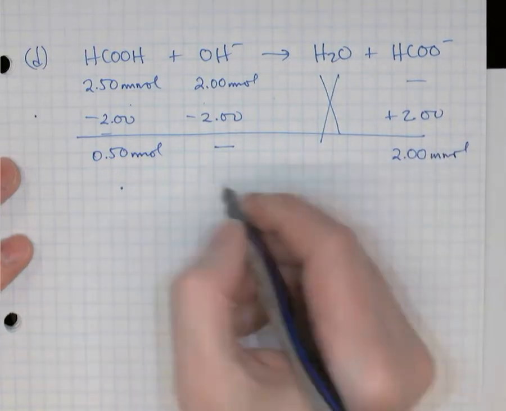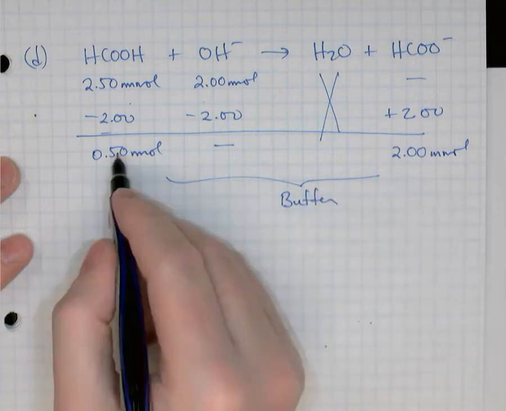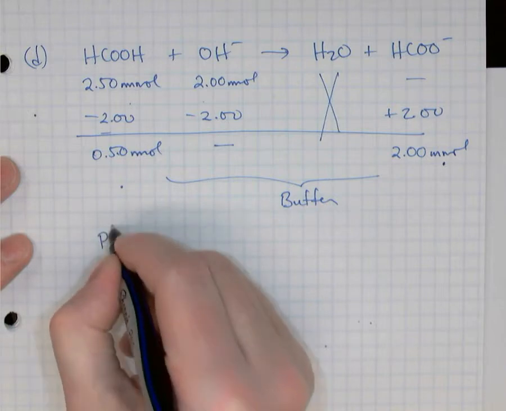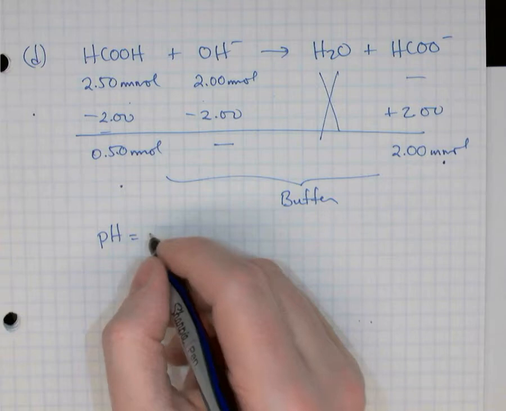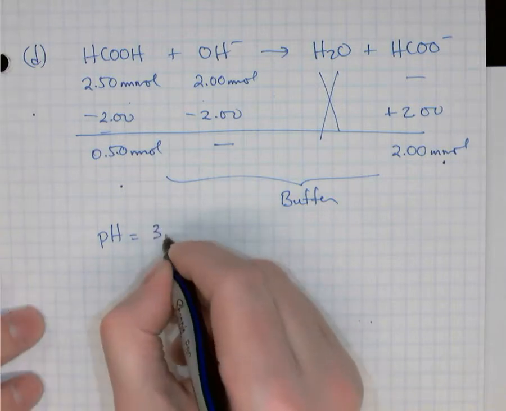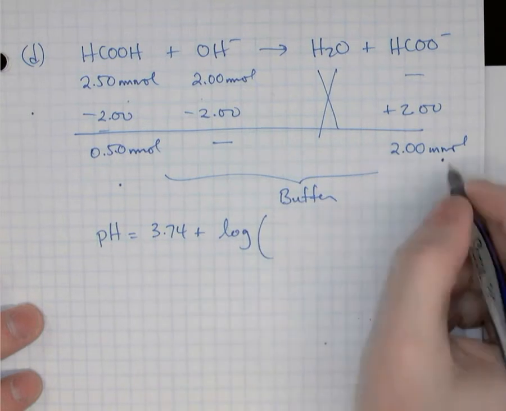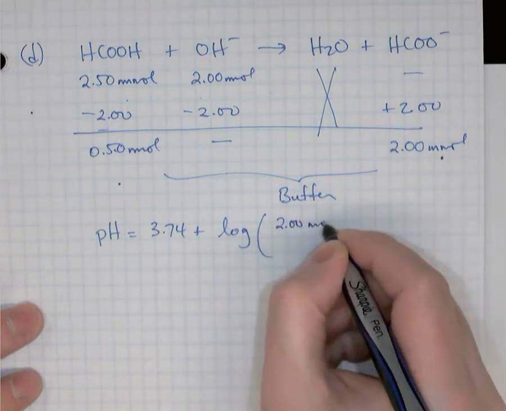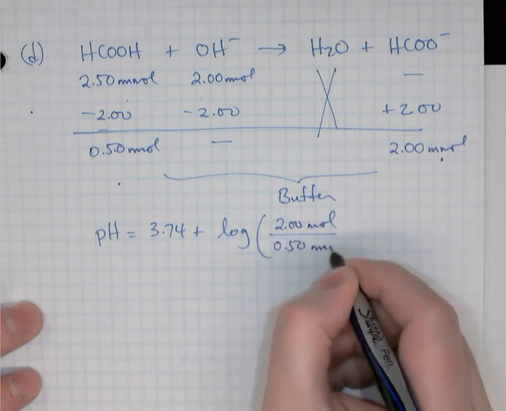So we still have a buffer, weak acid mixed with its conjugate base, so we can use our Henderson-Hasselbalch equation. pH will equal the pKa value, which was 3.74, plus the logarithm of the base concentration, or in this case base millimoles, over the acid millimoles.